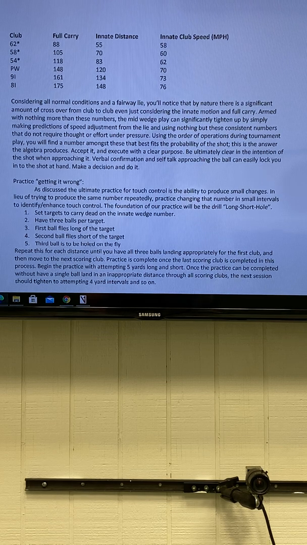The game is, once you figure out those distances, you go put a target at those distances, and you can see the rules of the game there. You're going to hit 3 shots with the same club at its given target, but you're only going to try and hit the target once. You're going to try and hit it a little long of the target the first shot. You're going to try and hit it a little short of the target on the second shot, and then you're trying to hit it right in the middle of the first 2 shots on the third. That's how we practice our touch control wedges, distance control wedges.